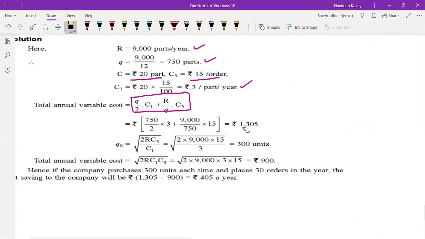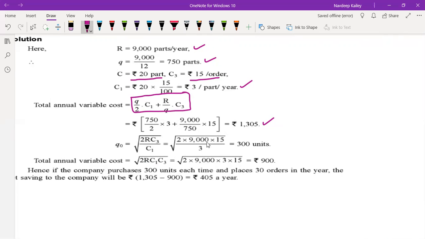Put all the values. After calculations, we will get annual variable cost as 1,305 rupees. The optimal order quantity is square root 2R C3 upon C1.